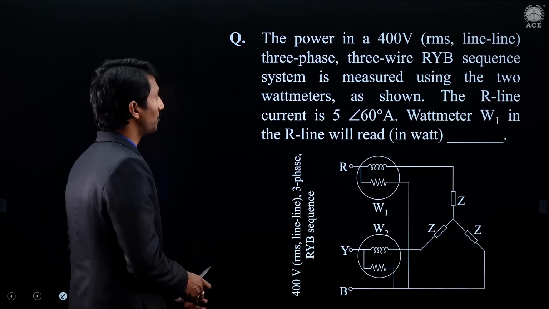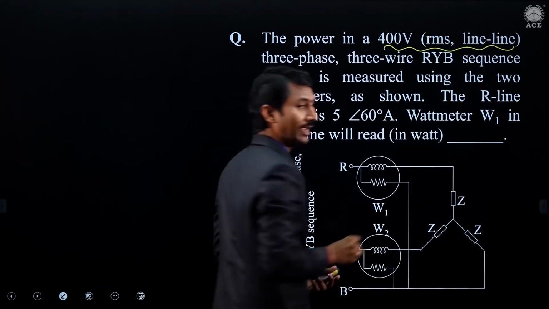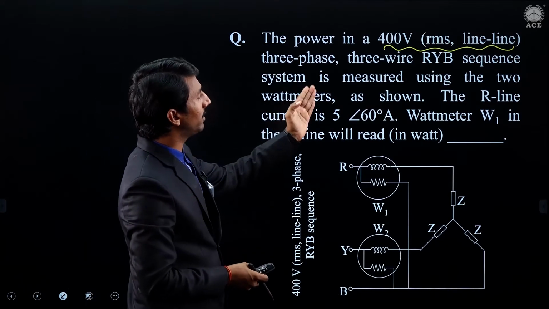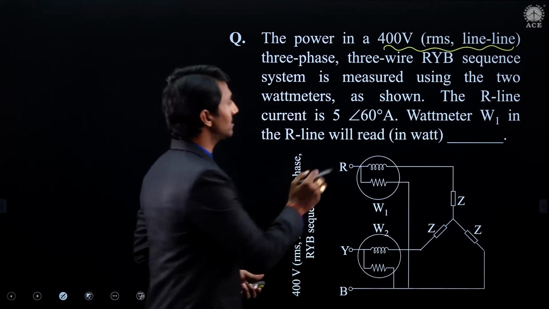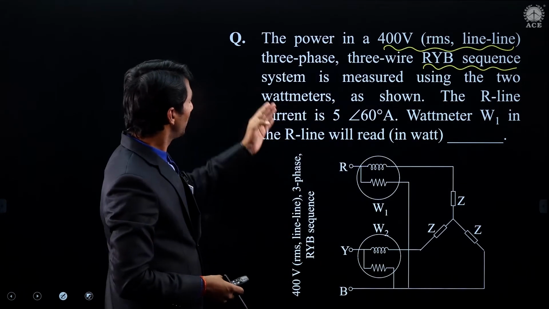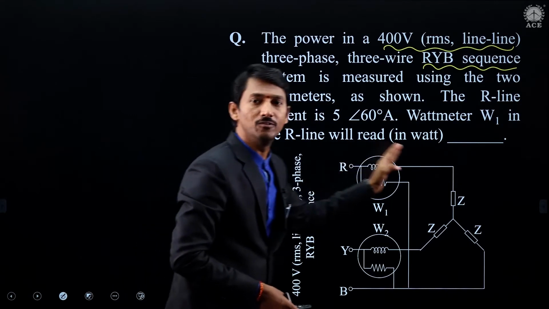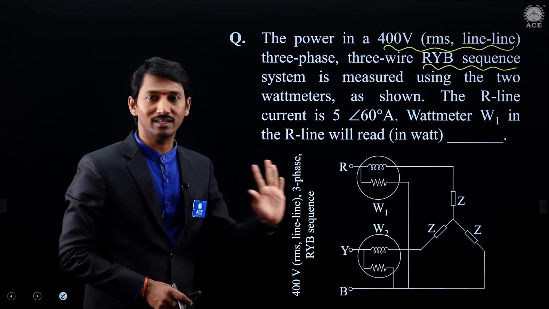In the given question, he has mentioned that this 400 volt is line to line voltage, in a 3-phase 3-wire RYB sequence system, measured using 2 wattmeters. That is the given data.